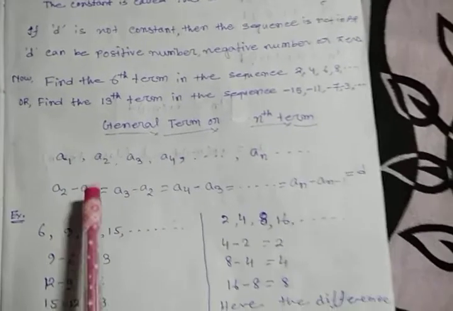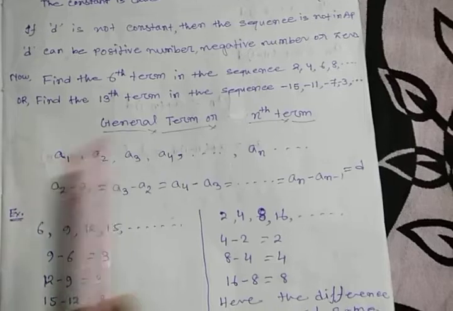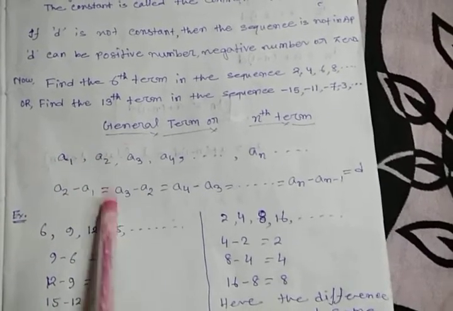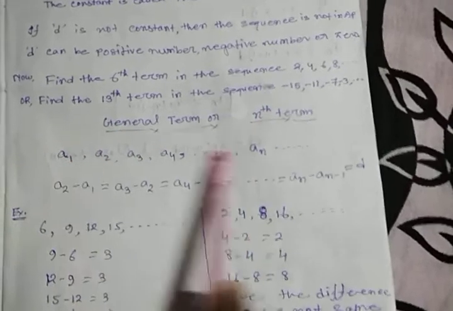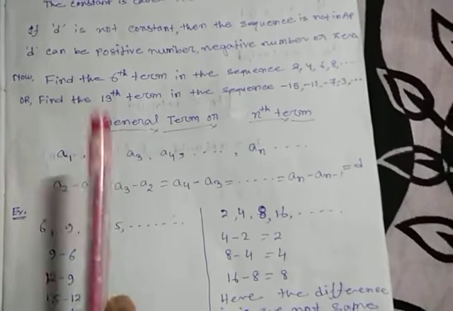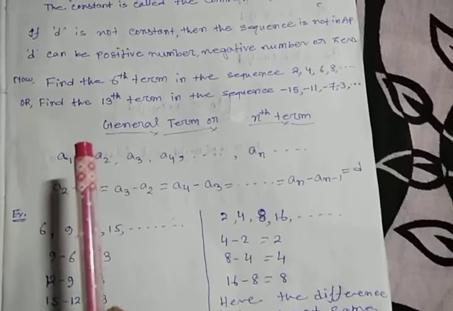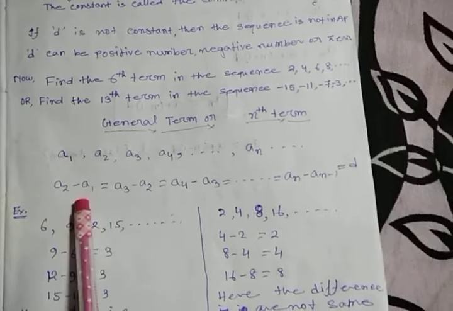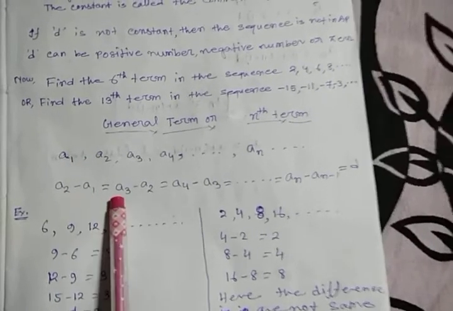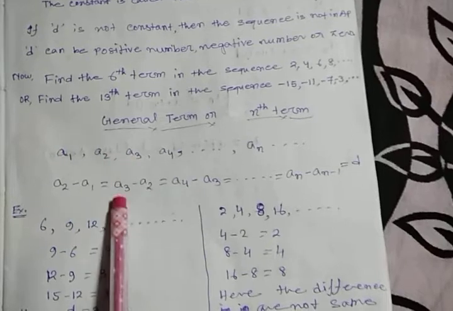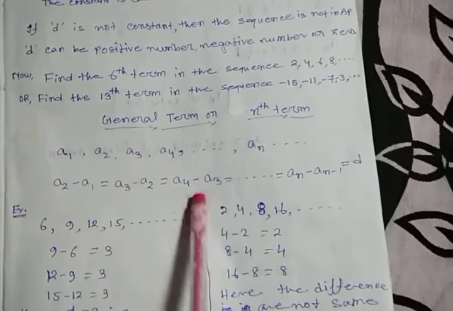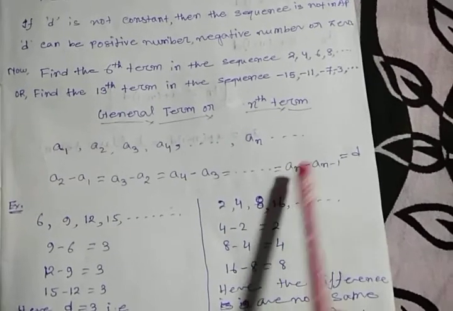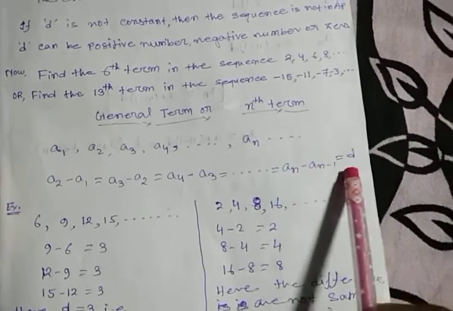Now if the difference between any two consecutive numbers, just a2 minus a1, is equal to, if it is in AP, then obviously the sequence must satisfy this: a2 minus a1, the difference between two consecutive numbers, equals a3 minus a2, equals a4 minus a3, and so on, equals an minus a(n-1), equal to d, the common difference.